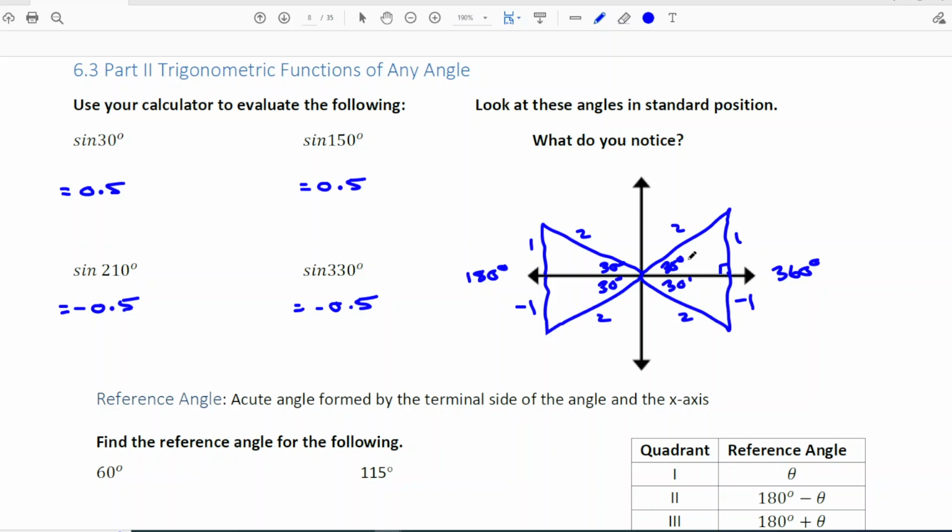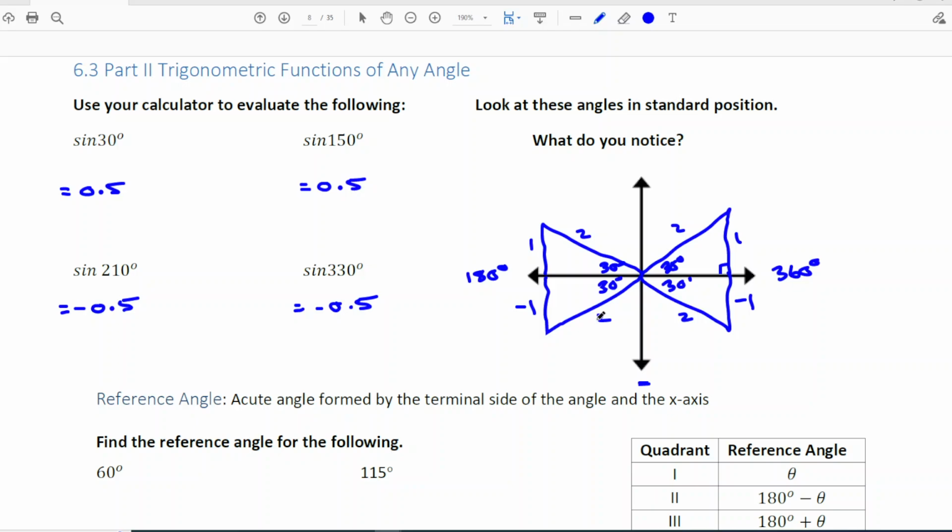So in the first quadrant, opposite to hypotenuse, or y to r, is a half. In the second quadrant, with an angle of 30 degrees, my opposite is 1, my hypotenuse is 2, a half. When I get to quadrant 3 and 4, the only difference is that the y is in a negative direction. So all of a sudden it's negative a half for sine of 210 and sine of 330 degrees.